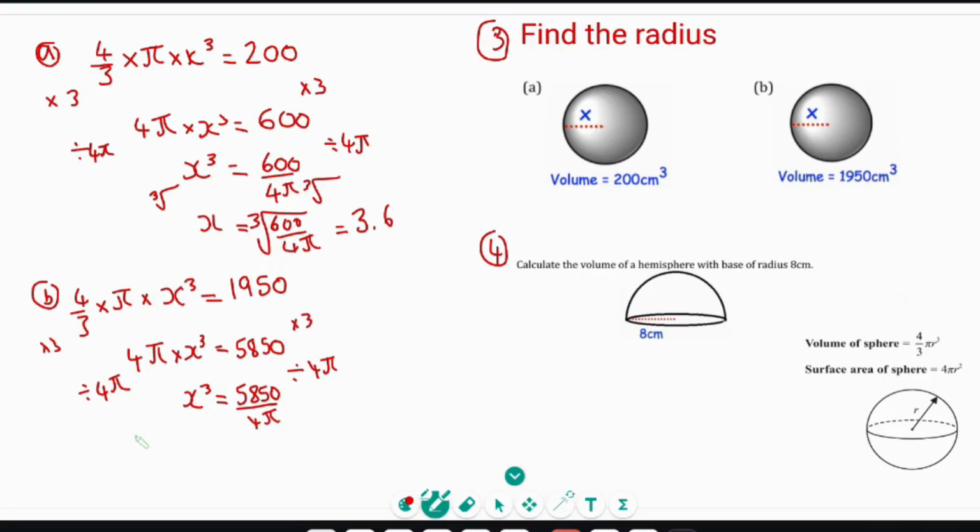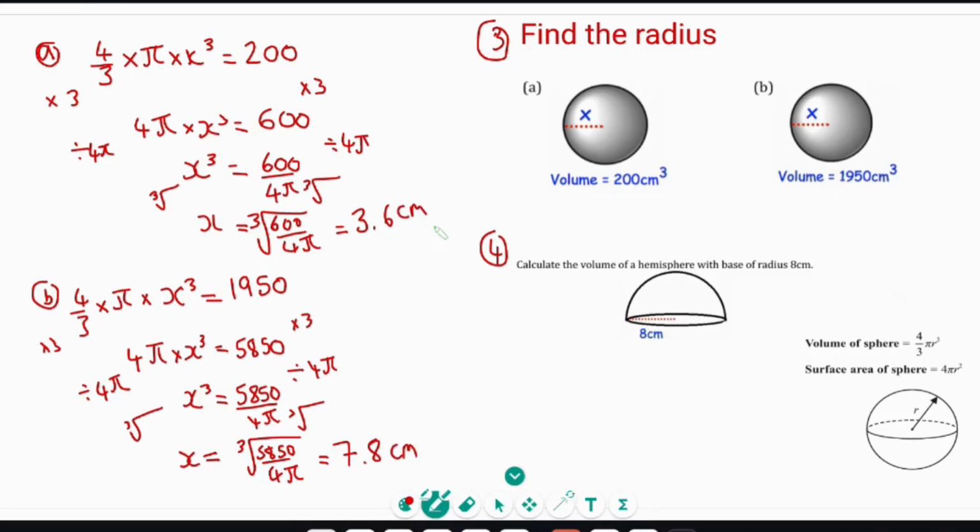And then cube root both sides. 0.8 to 1 dp.